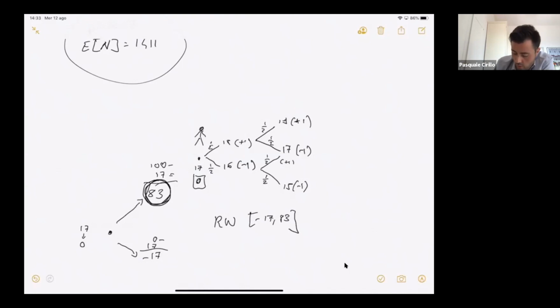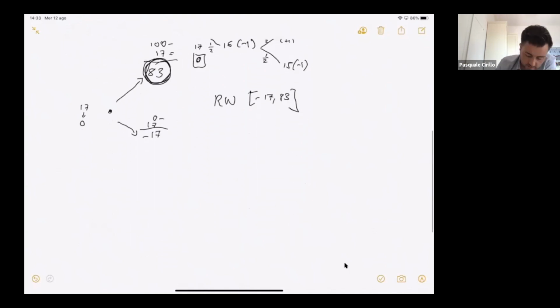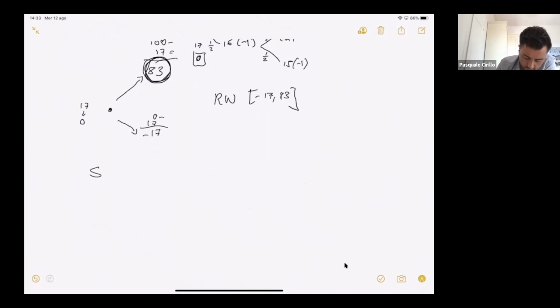Now, this is a symmetric random walk, okay, that we can represent using Sn. What we have already proven yesterday is that Sn is a martingale, okay? And today we have just shown that the quantity Sn squared minus n is a martingale.